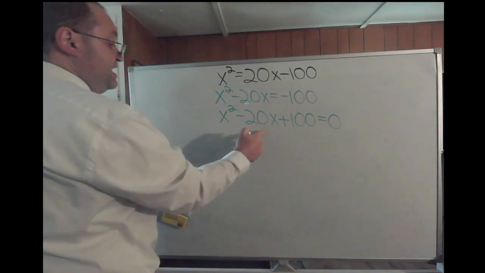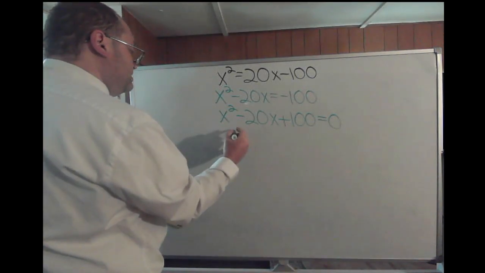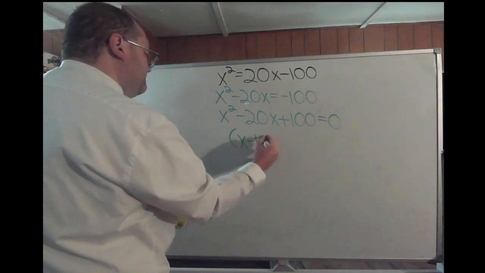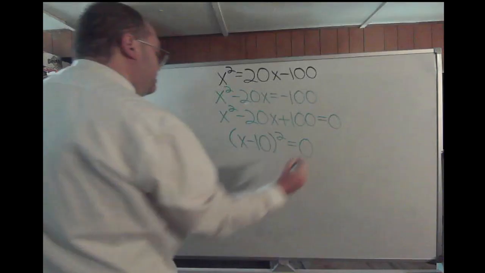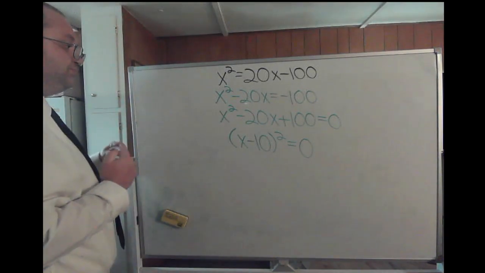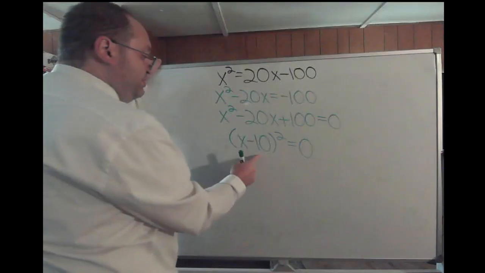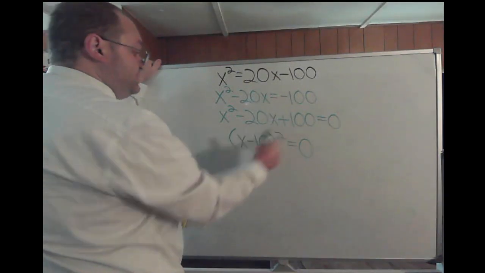This turns out to be a perfect square trinomial. So what you would get is x minus 10, that quantity to the second power, equal to 0. If we did the binomial square expansion, you would get x squared minus 20x plus 100.